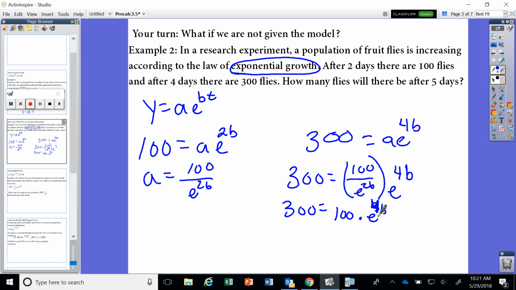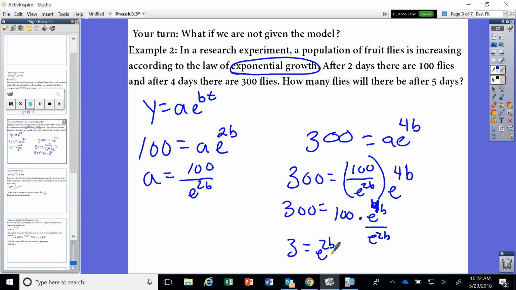All right, and do we agree that when we divide, this is the same thing that's happening over here, right? Why is this beneficial? Because when I divide by 100 on both sides, I get 3. And then this is the law of subtraction of our exponents. e to the 4b over e to the 2b is e to the 2b. Now we're getting somewhere. This is pretty simple stuff for us.